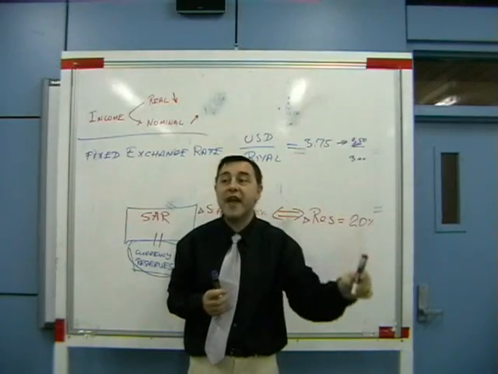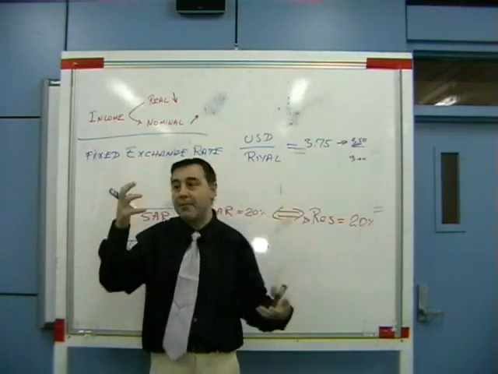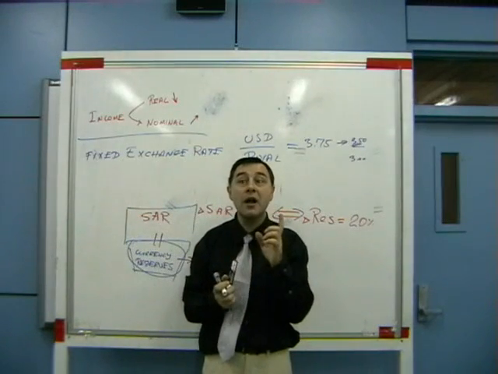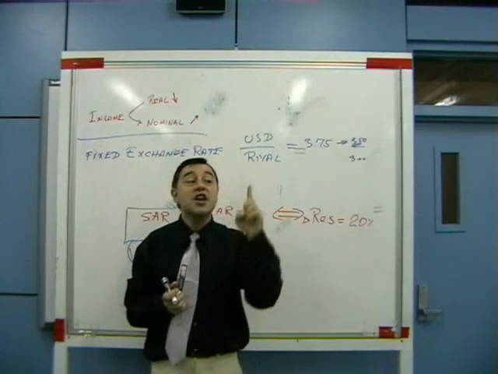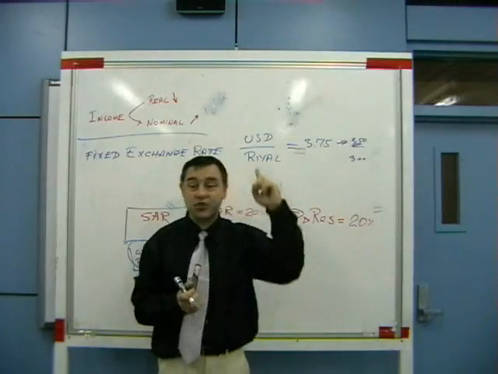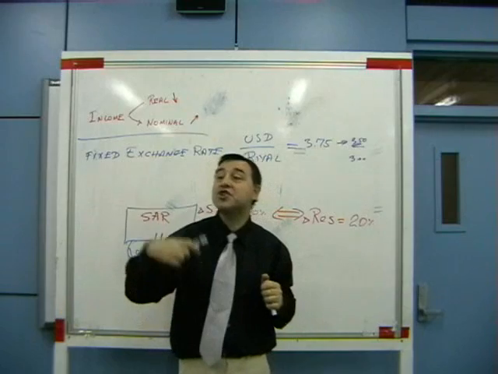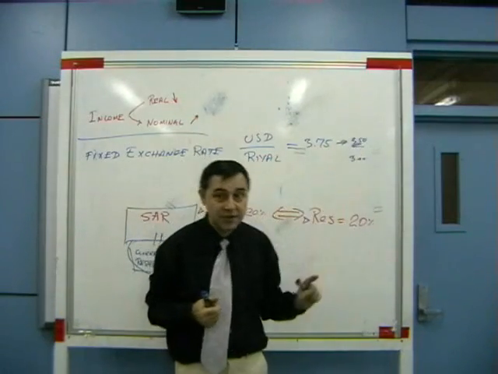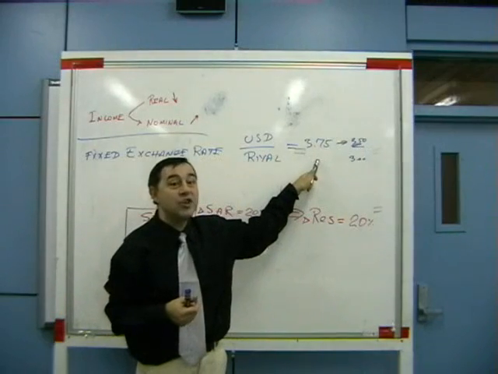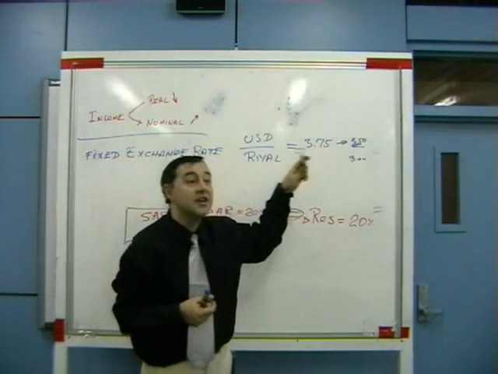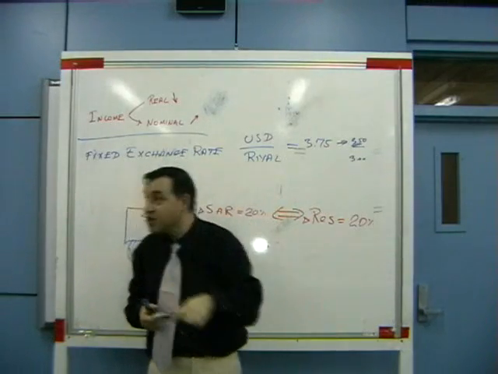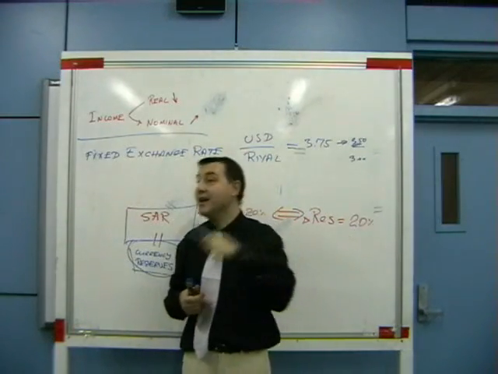If there is a revaluation, two things happen at the same time. The purchasing power of the Riyal is stronger. The Riyal strengthens, so the average Saudi will be able to buy more foreign goods, and at the same time, which is mathematically equivalent, the purchasing power of the dollar falls, so Americans will be able to buy less.